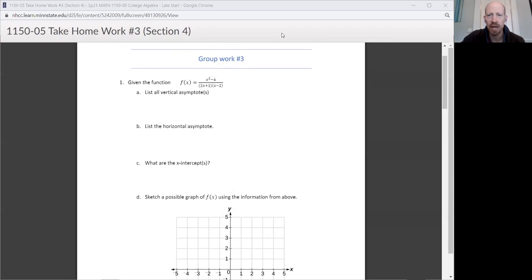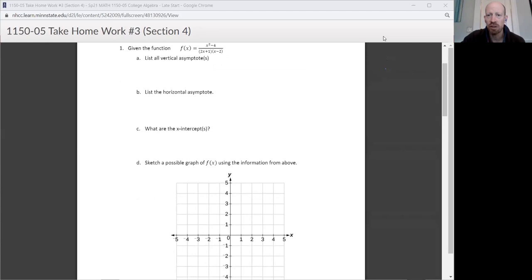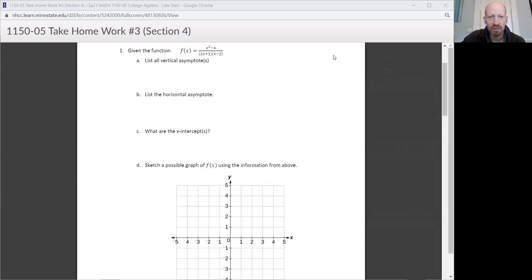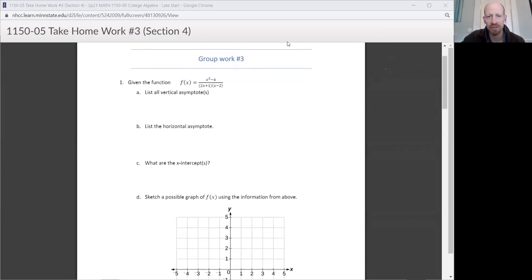So a couple comments here. First of all, you've got to make sure that you factor when you're working with these rational functions. I've got to see what's going on with the function before I can begin.